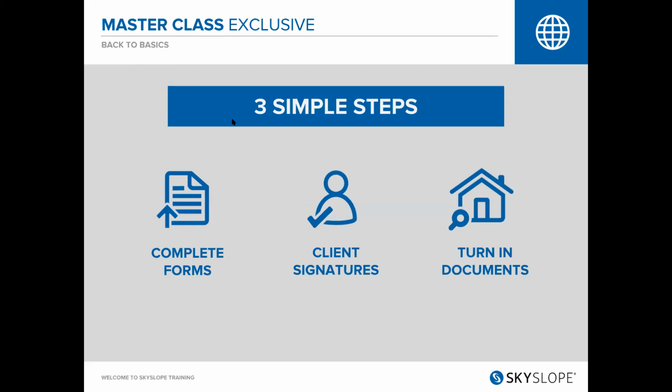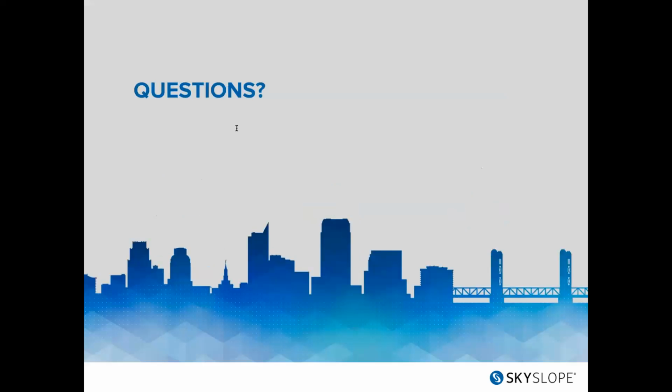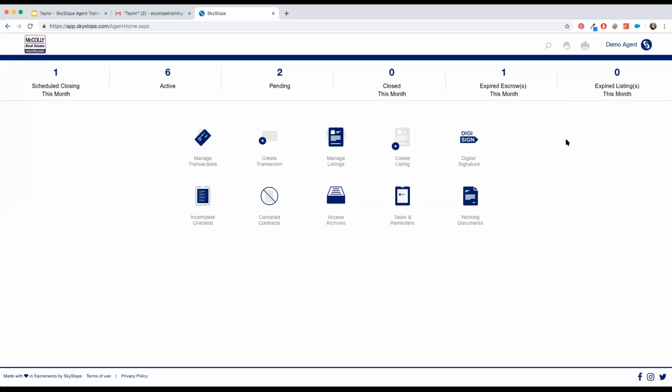So let's dive into the platform here. On my screen, I have the McColly Real Estate demo account. Again, keep in mind I am working through a demo account today, so it might look slightly different for you when you're accessing your own account, but you can see it's fully branded to McColly Real Estate.